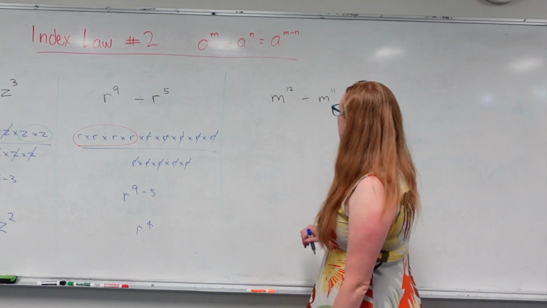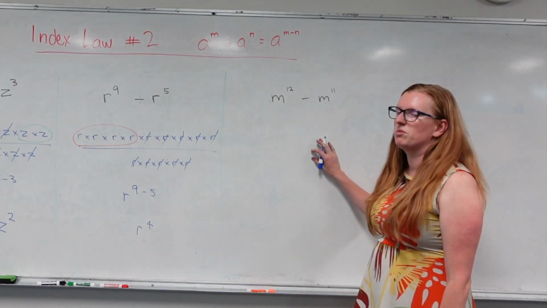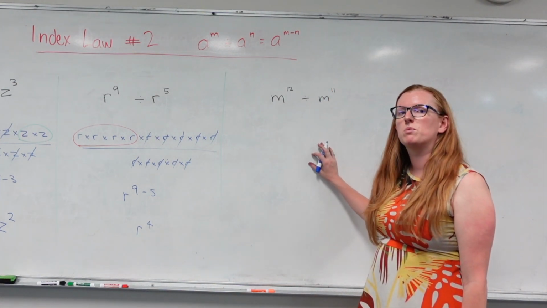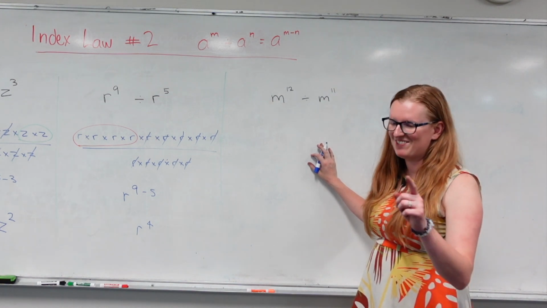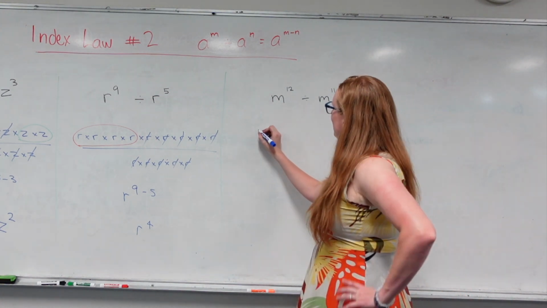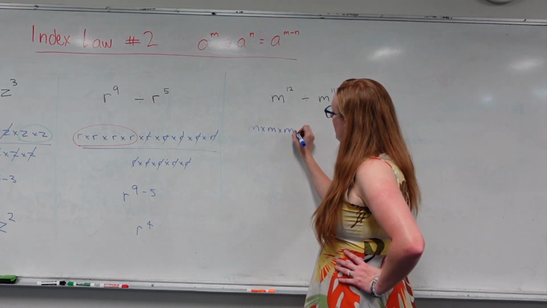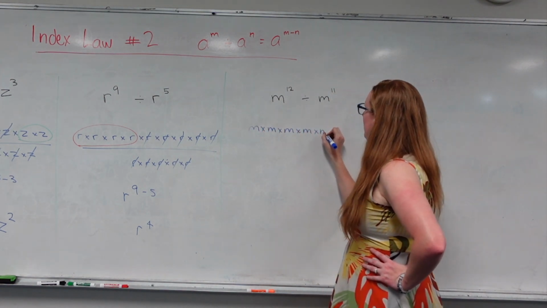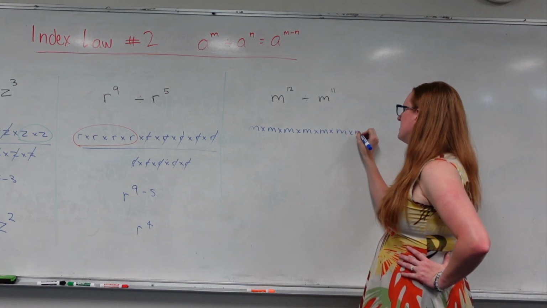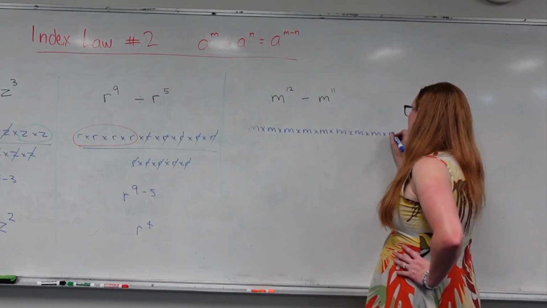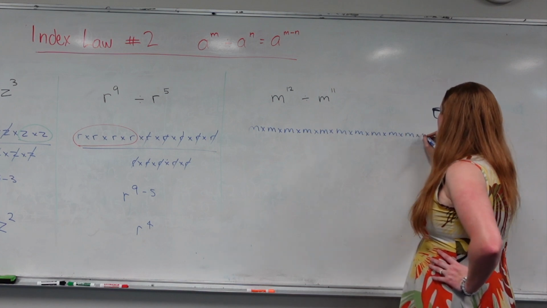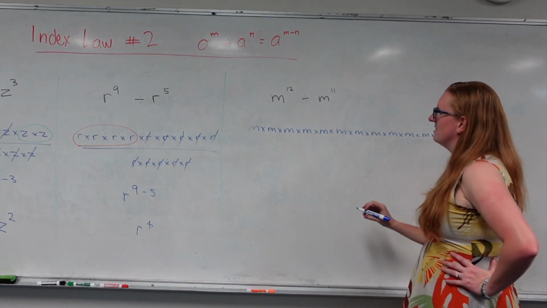Here I have decided to put really big indices, and now I'm full of remorse because it will take forever to write out. But let's see how we go. So I've got 12 m's. So 1, 2, 3, 4, 5, 6, 7, 8, 9, 10, 11, 12.